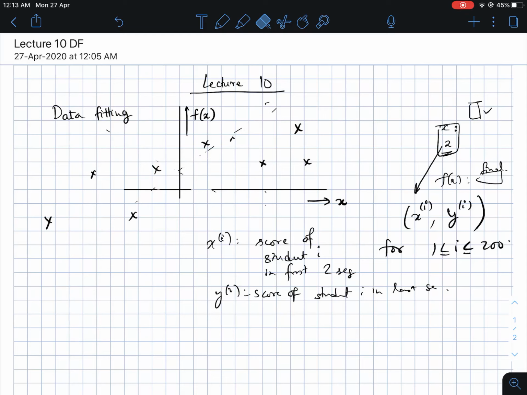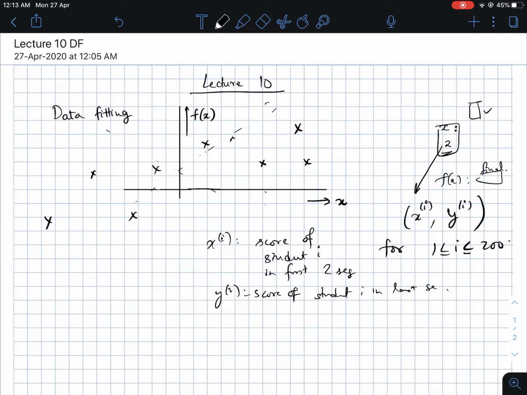Now the idea is, what if I want to make a prediction for some new students this year? You don't yet know your second and third segment scores, but you already know your scores in the first two segments. So I want to make a prediction, or an estimation, of your score in the final segment based on all that has happened in the past.